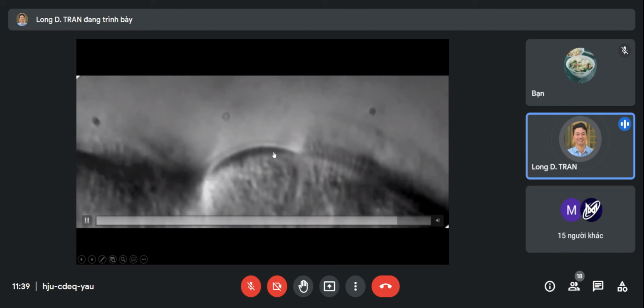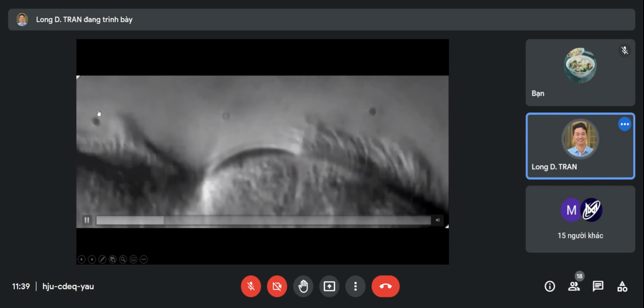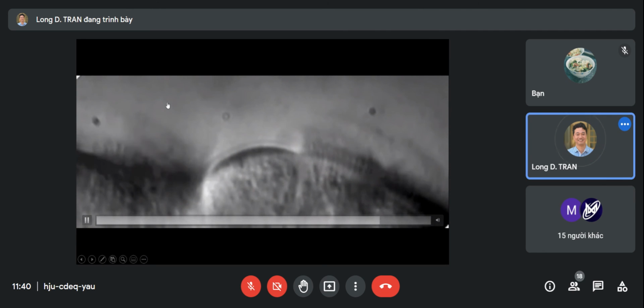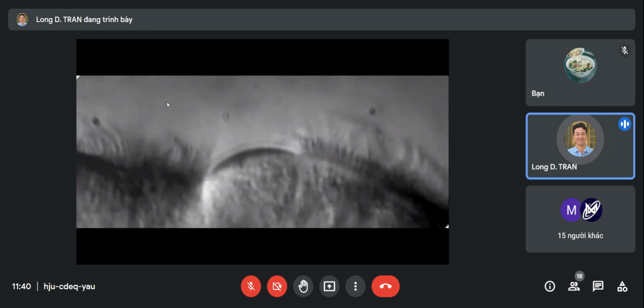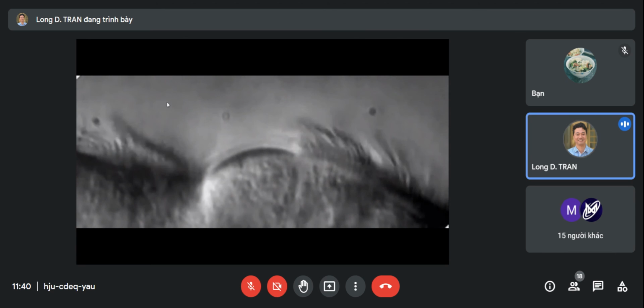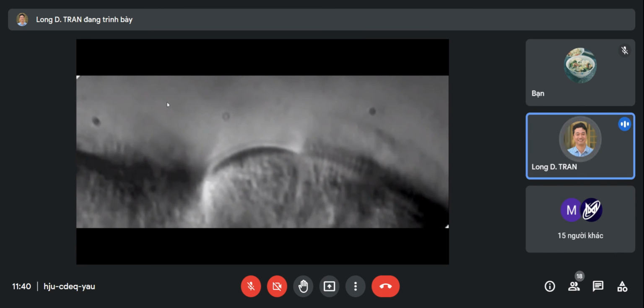It will secrete mucus, and these are the cells with cilia beating in synchrony so that it allows the movement of the mucus out of the respiratory tract. And with this movement, all the dust and bacteria will be cleared from the respiratory tract and maintain our healthy respiratory system.